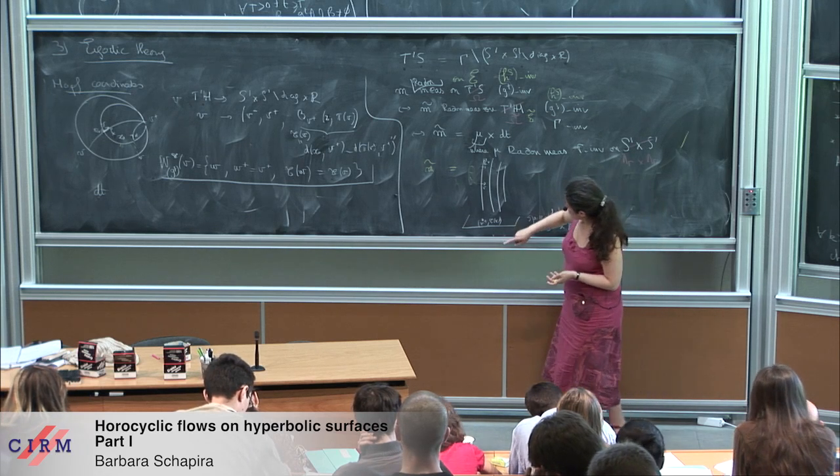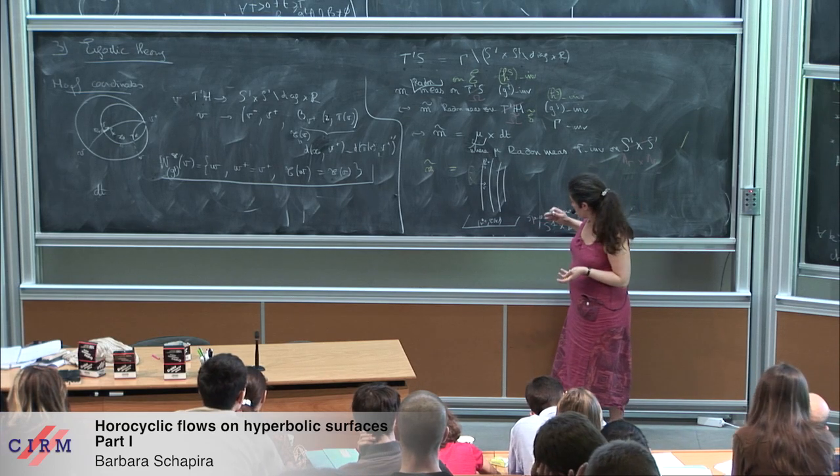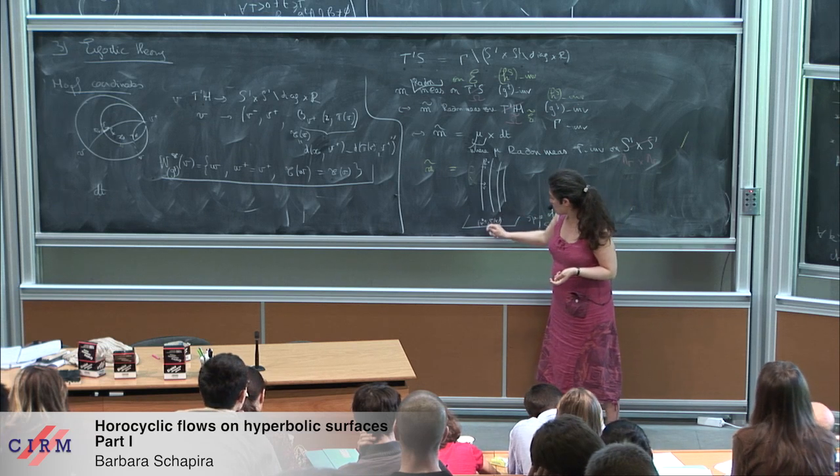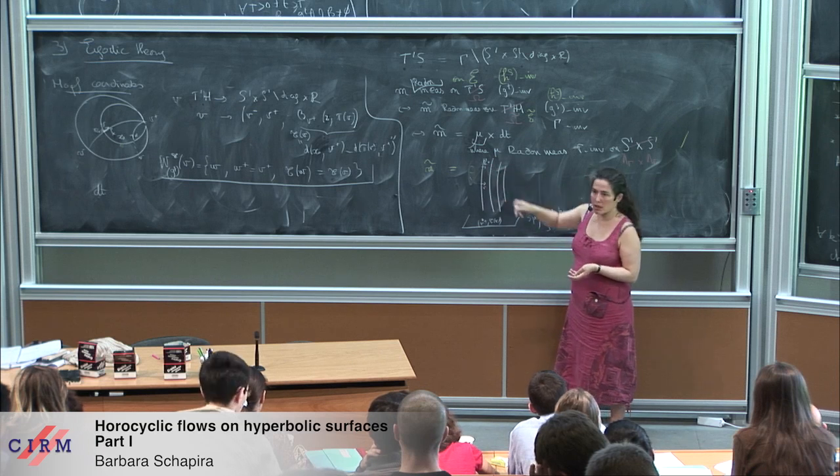And if you want a measure which is invariant by the horocyclic flow, it's exactly the same as saying that you will have a measure on the circle times R, and along the horocycle you will have ds.